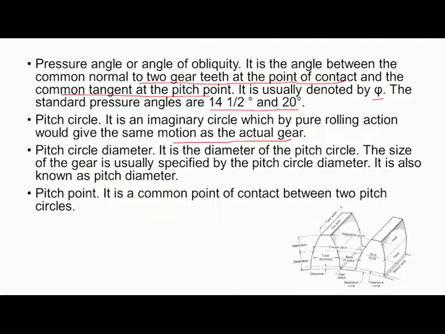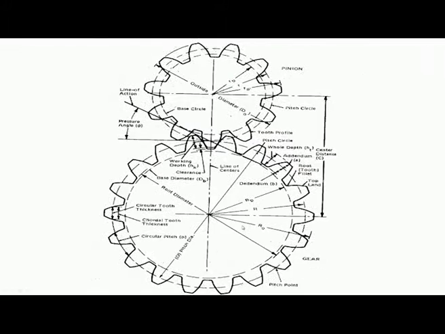Then we have pitch circle diameter, which is the diameter of the pitch circle. The size of the gear is usually specified by the pitch circle diameter, which is also known as pitch diameter. Then the pitch point is a common point of contact between two pitch circles. You can see some more terminologies here.